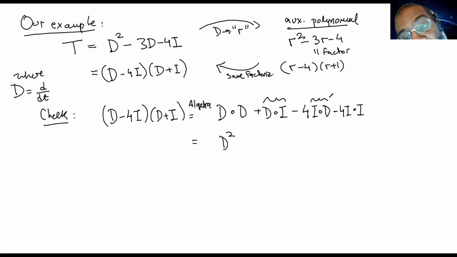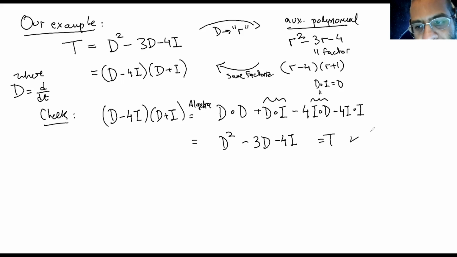But if one of them is I, then it is true, right? So this equals D of I. So you actually get that this is plus, which then equals D. So this is plus, or I guess minus 3D minus 4I, which is D. So we're happy. That's a pretty creepy smiley, but yeah.